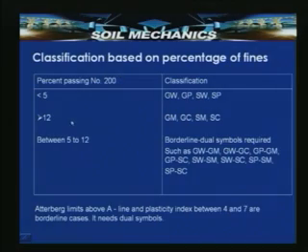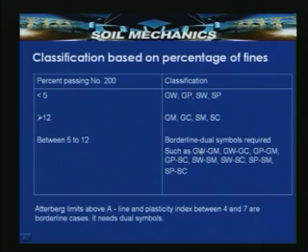If fines are less than 12%, we also discussed that hydrometer analysis may not be required. So, if the percentage passing number 200 is less than 5, the classification reduces to GW, GP, SW, SP; greater than 12, GM, GC, SM and SC; and between 5 and 12, they are called the borderline cases.